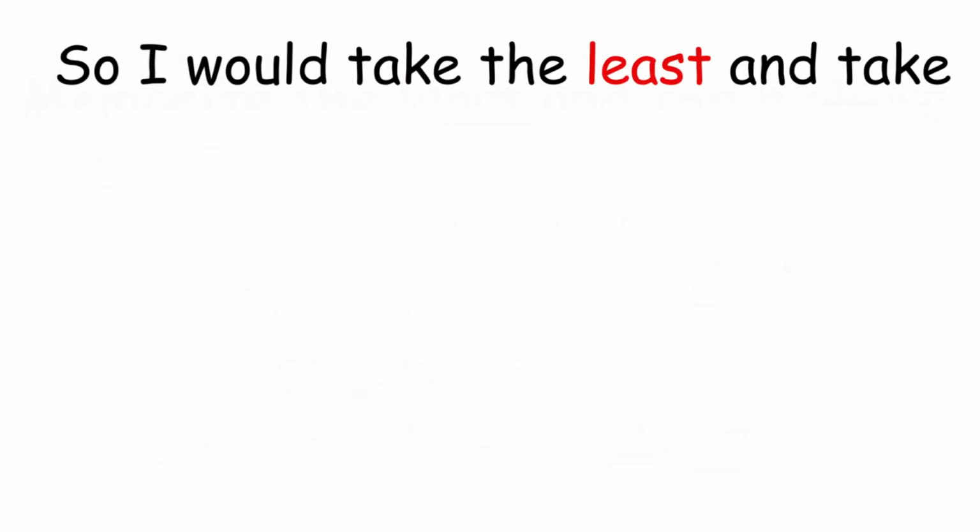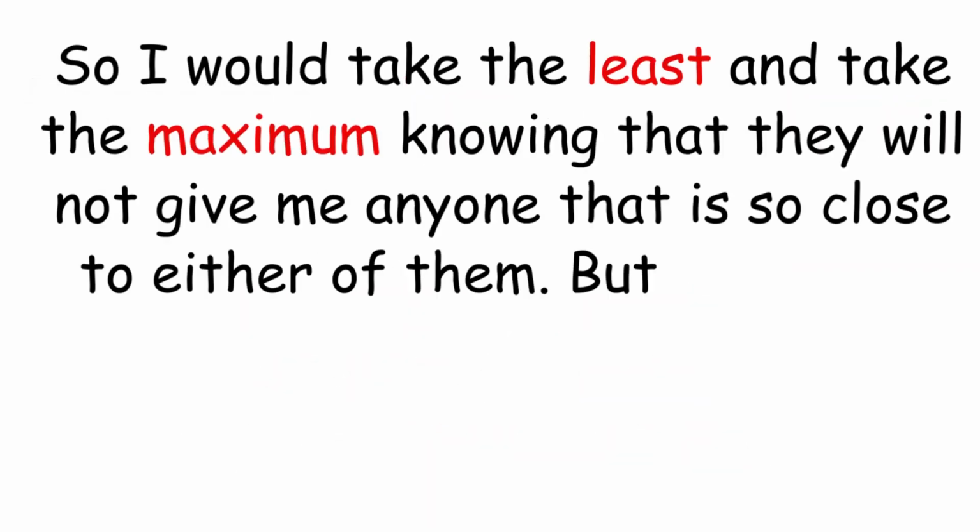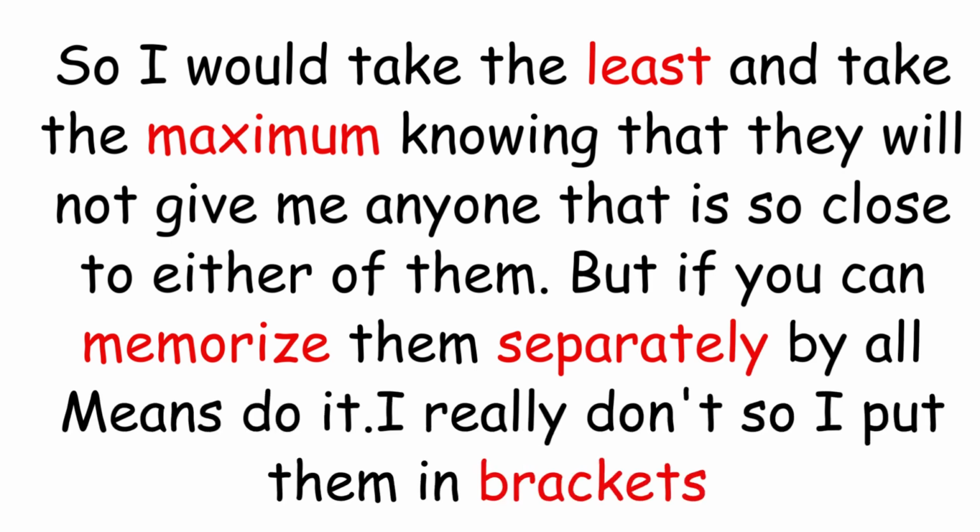I will take the least and the maximum, knowing that they will not give me anyone that is so close to either of them. But if you can memorize them separately, by all means do it. I really don't. So I put them in brackets.